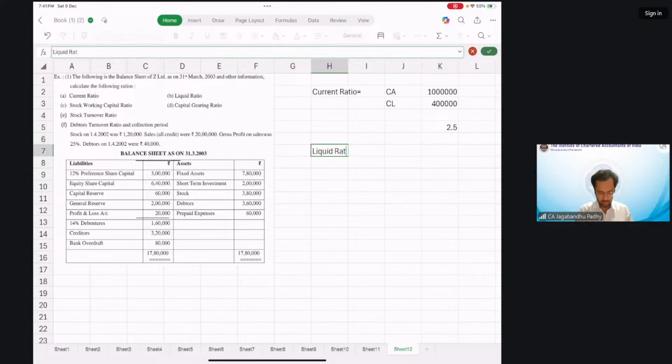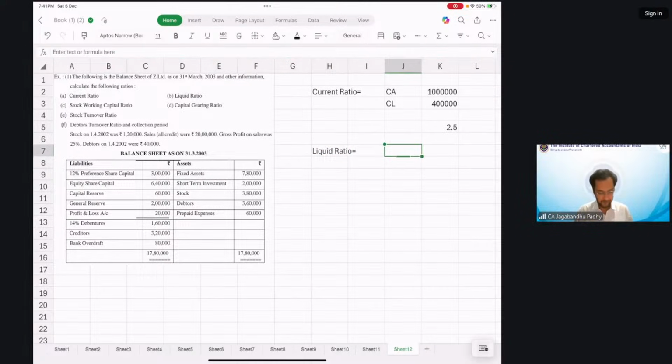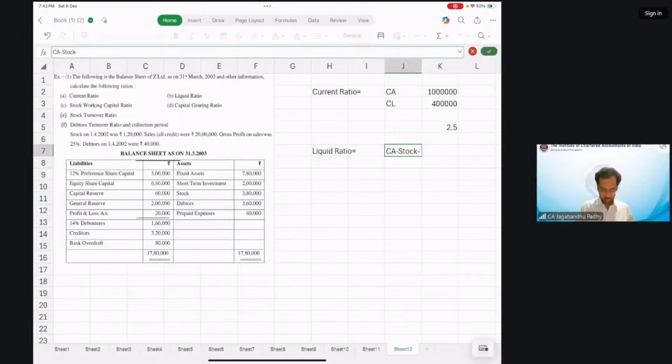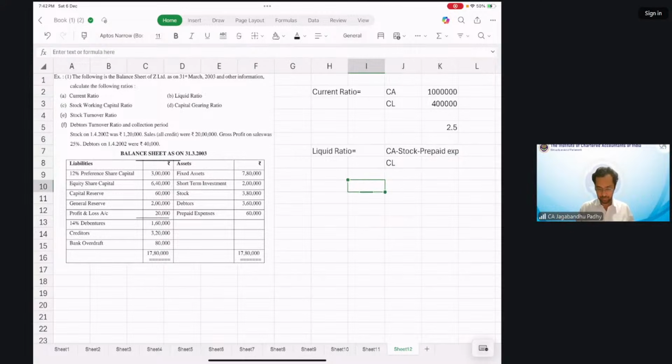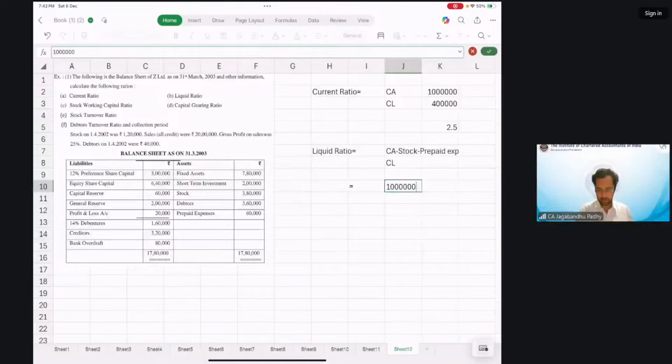And then liquid ratio. Liquid ratio is current asset minus stock minus prepaid expense upon current liability. So current asset was 10 lakh. Right?